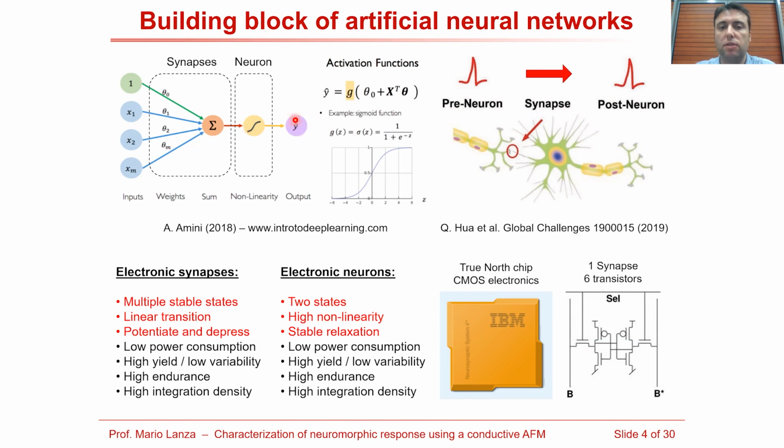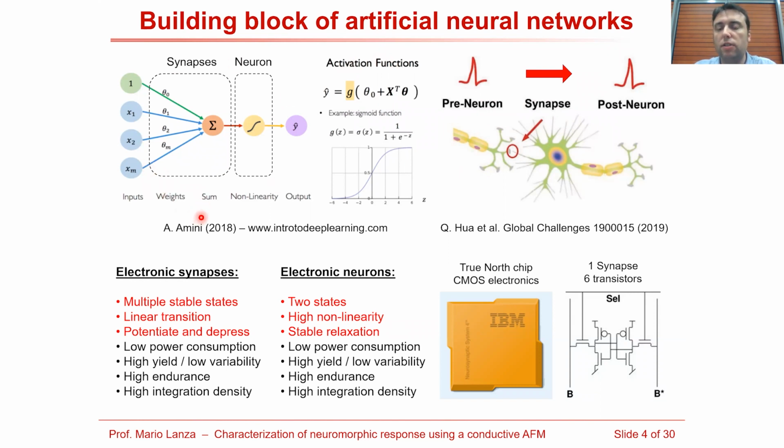There are different types of perceptrons with different activation functions. This roughly resembles what happens in a biological brain between the neurons and the synapses. So the main question here is how to implement this perceptron block with hardware.